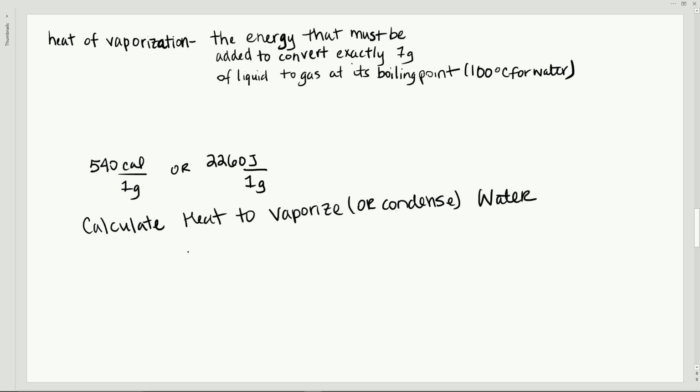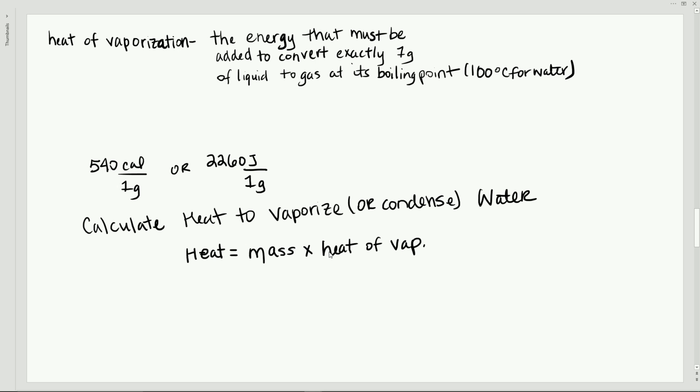That formula is heat equals mass times the heat of vaporization. So we always need to know how much substance we're starting with.